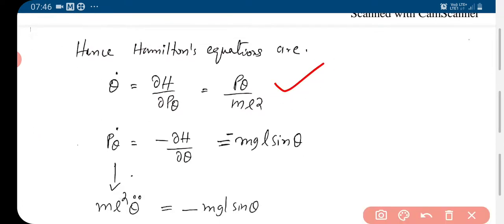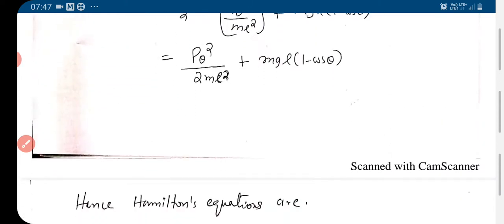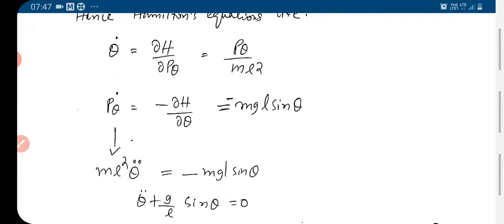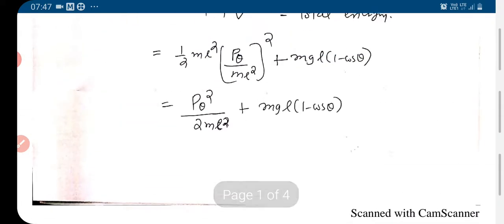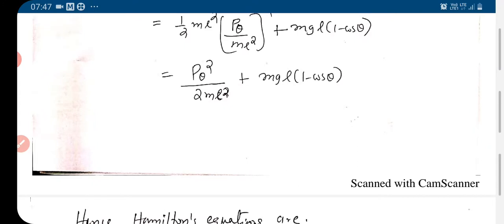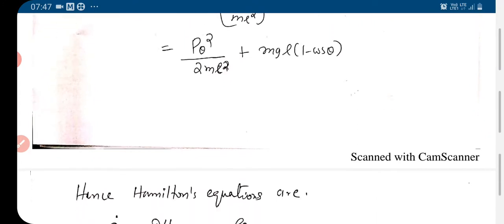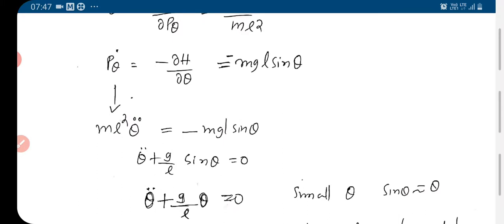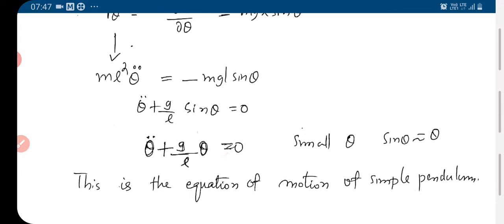And p theta dot is minus dou H dou theta, we know. For H as given, with respect to theta we differentiate, so as we differentiate cos theta, we will get minus sin theta, and an additional minus sign here, minus dou H dou theta, so we have minus mgl sin theta.